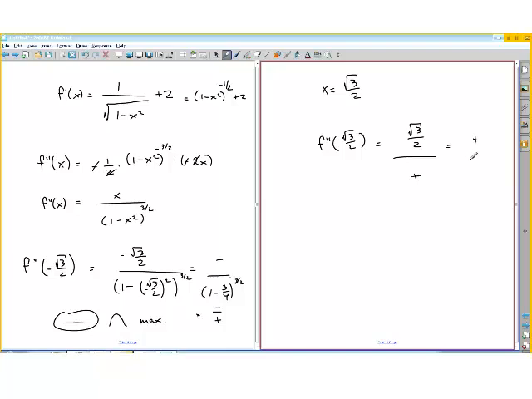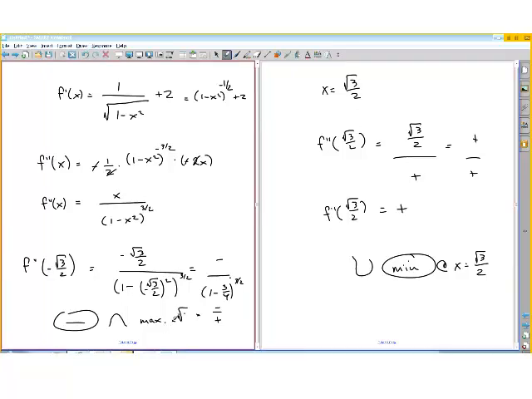So the denominator is positive, the numerator is positive, therefore the second derivative is positive. Positive means concave up means minimum. So we're going to have the minimum at x equals the square root of 3 over 2. We're going to have a maximum at negative the square root of 3 over 2.